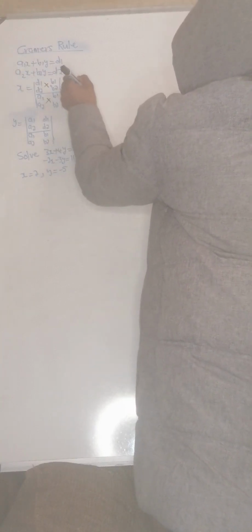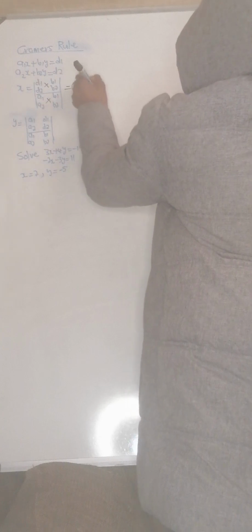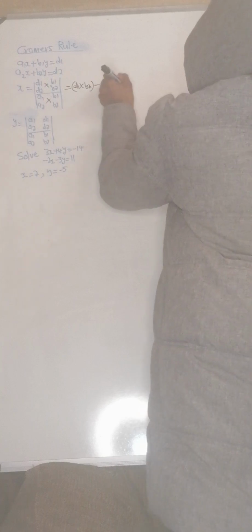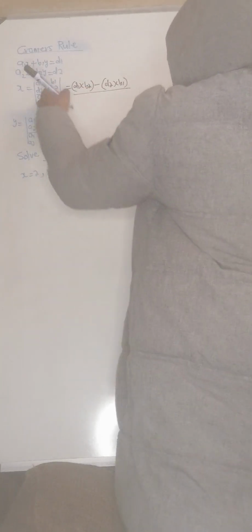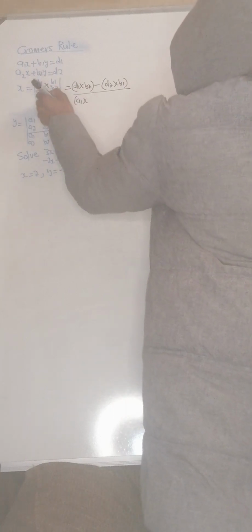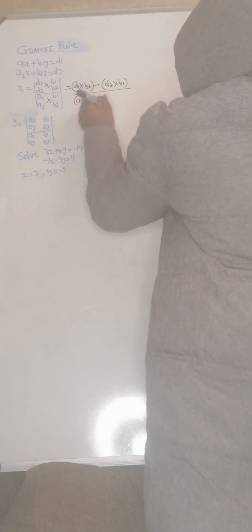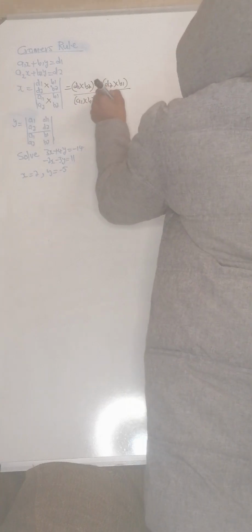You take d1, you multiply that by b2, minus you take d2, you multiply it by b1. Remember, in multiplication the order does not matter. You divide, you take a1, you multiply by b2, minus you take a2, you multiply it by b1. This is exactly what that means.